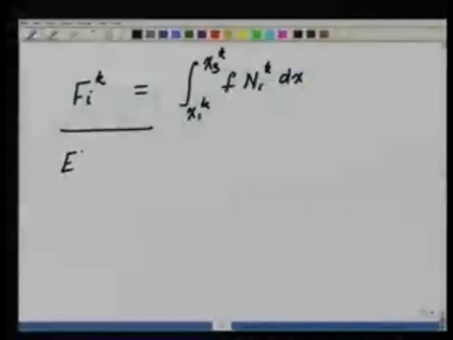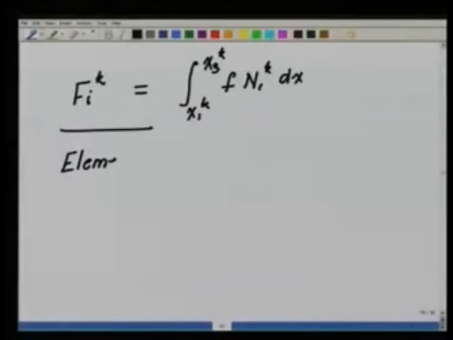Okay. So once we have this, we have obtained the element level stiffness matrix and the element level load vector.